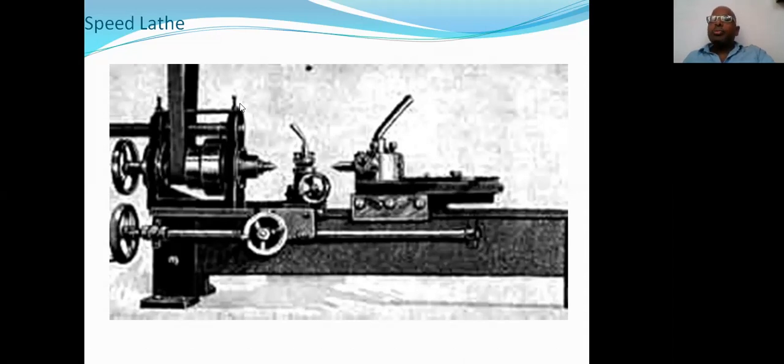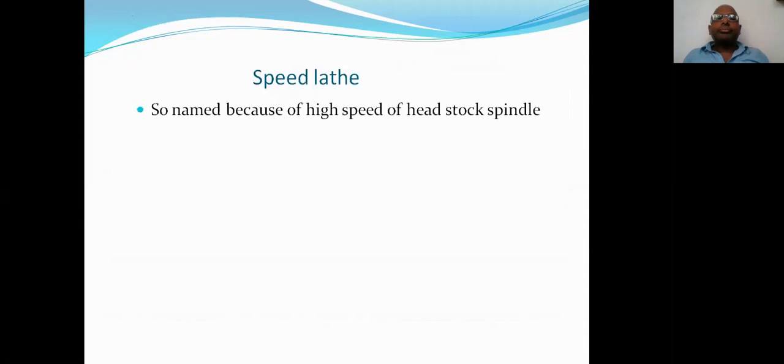Whenever it is a simple or small size component, it should be operated at high speed so that the jobs are completed within less time. As that job is a simple or small one, it should be able to rotate at high speed.